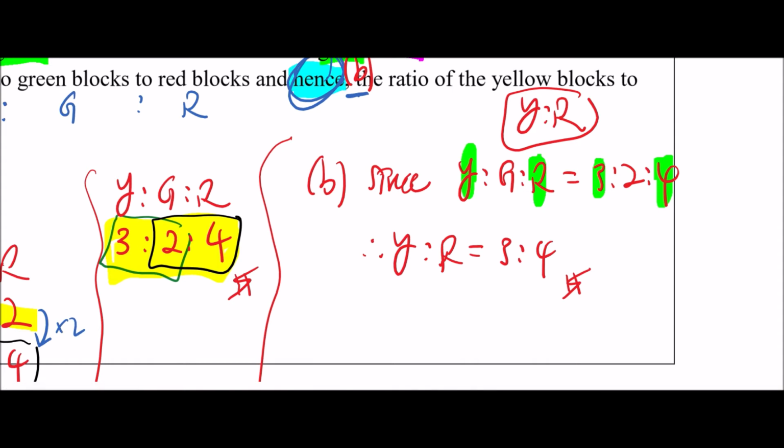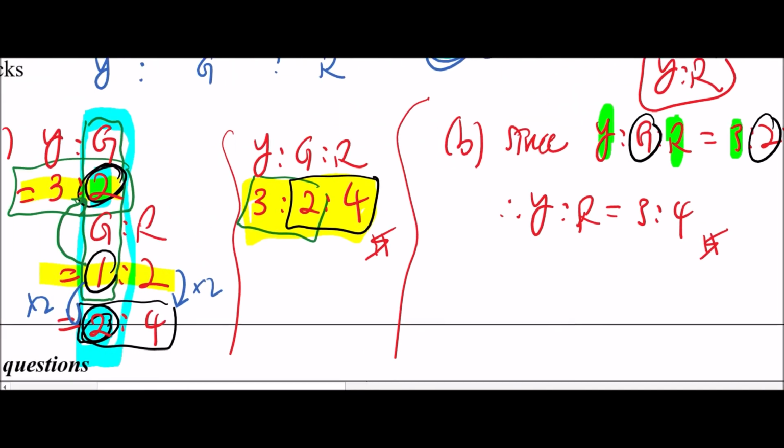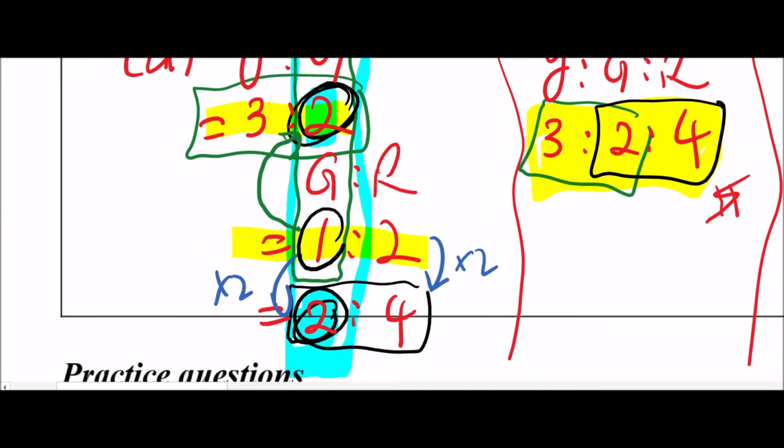Okay, so we can directly compare Y and R again because we have a common ratio of 2 for green. Previously, before we manipulate the ratio 1 over here to turn it into 2, we cannot immediately compare.